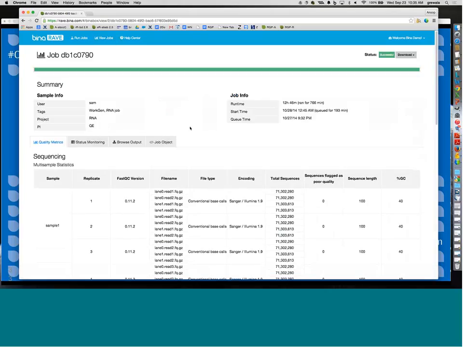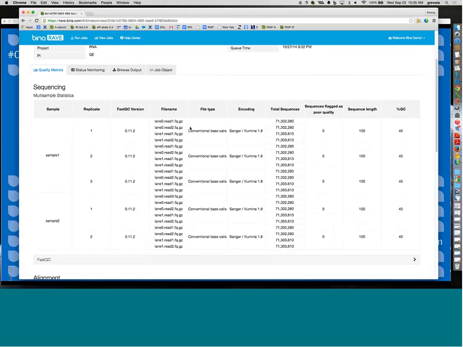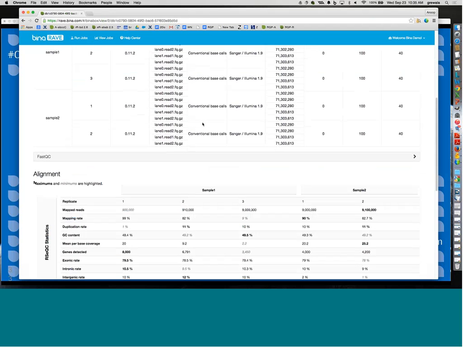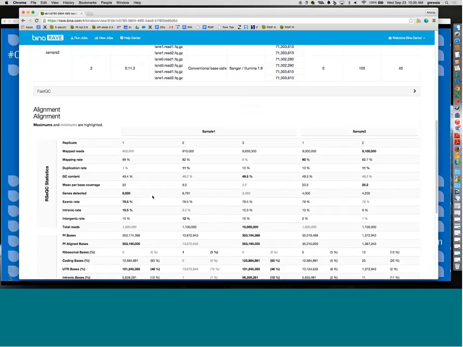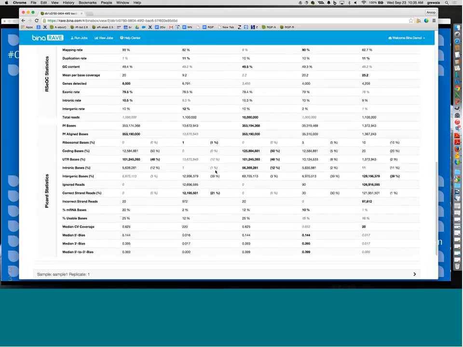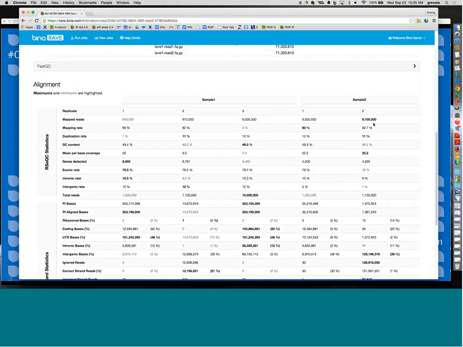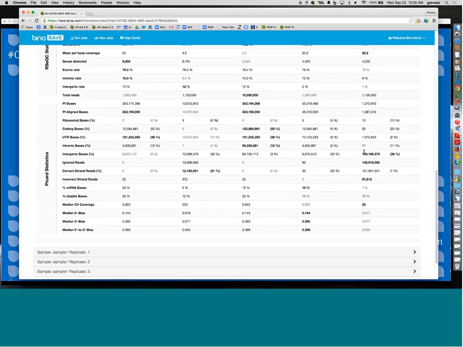Underneath, we have the multi-sample statistics coming from FastQC, RSeQC, and we're also seeing TopHat statistics.